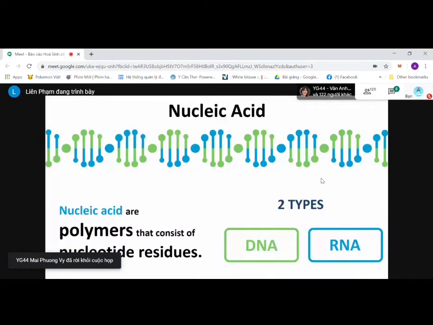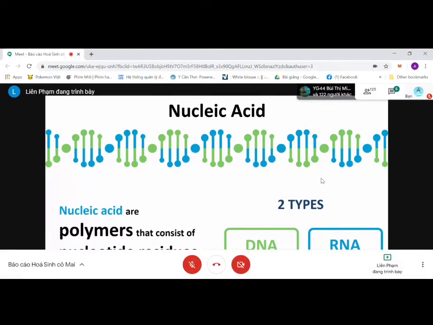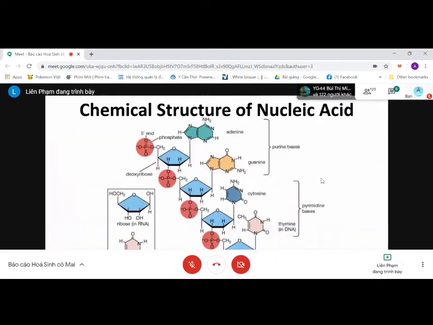And now, what is nucleic acid? Nucleic acids are polymers of individual nucleotide monomers. As you know, RNA and DNA are nucleic acids. Each nucleotide is composed of 3 parts. First, a phosphoric acid. Second, a nitrogenous base.